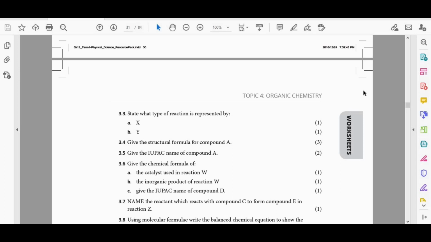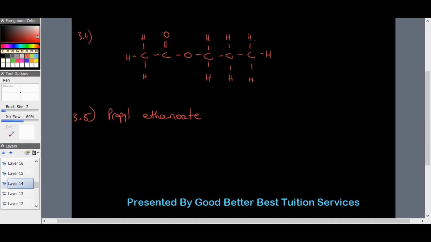Propyl means 3 carbons bonded after each other, CH2, CH2, CH3 at the end there, and of course these 2 carbons come from the ethanoic acid, so propyl ethanoate. I just needed to take some time to explain the naming convention and how we name an ester. Alright, excellent. That was 3.5.